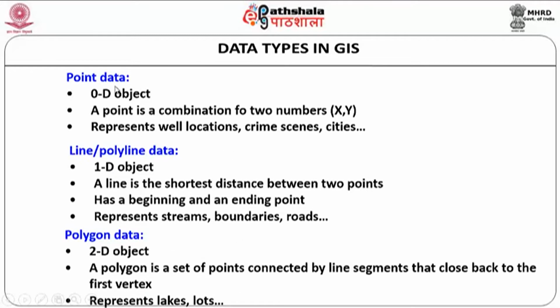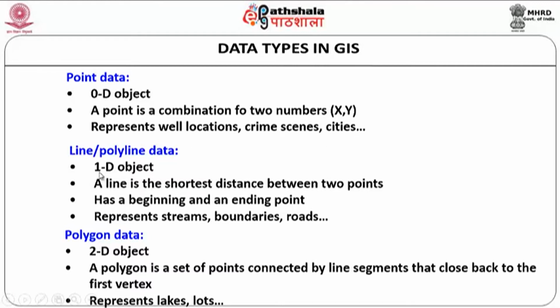Importantly, note that point data, as you can understand, is a very simple method. It doesn't have any dimension. It's a zero-dimension object, and very importantly it's a combination of two numbers, namely x and y. It represents a location, as I was telling you, such as crime scenes, or a small city, or a building, which can be represented using point data.